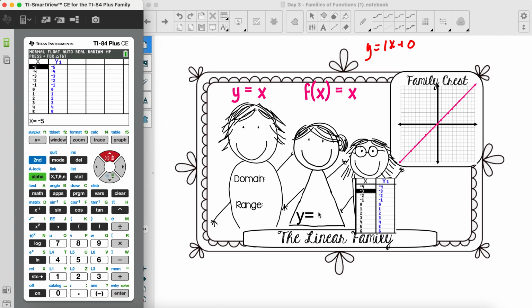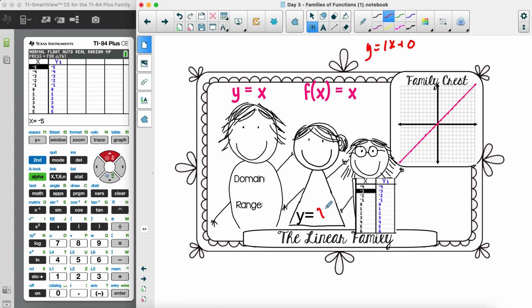So this is your y equals x function. And then the domain is -infinity to +infinity, exclusive. And your range is the same, -infinity to +infinity. That's your linear function.